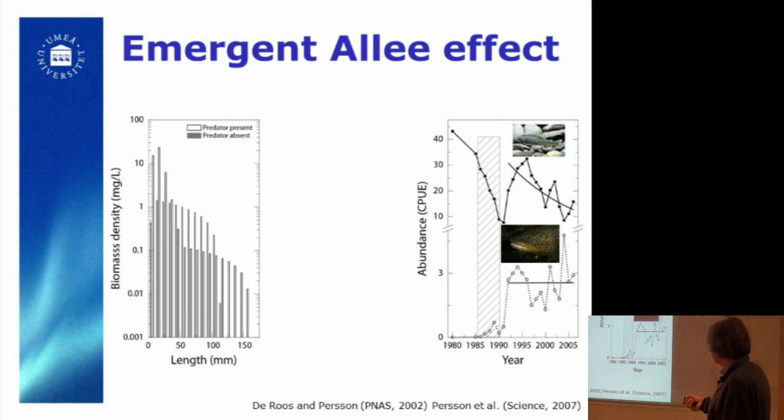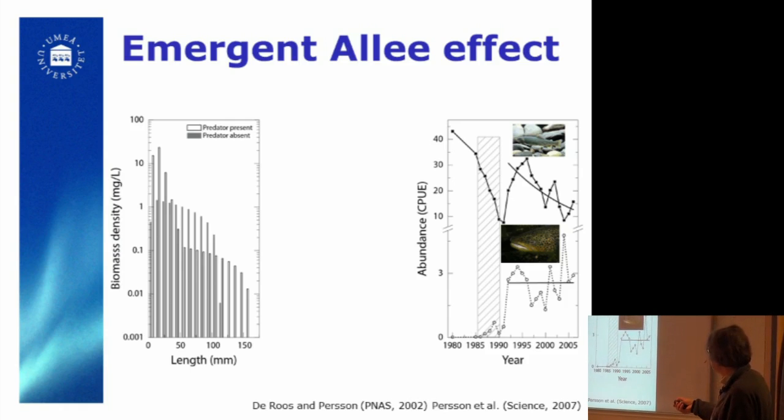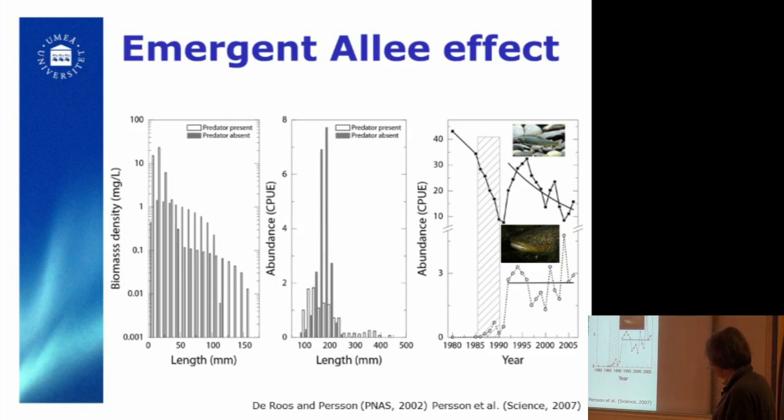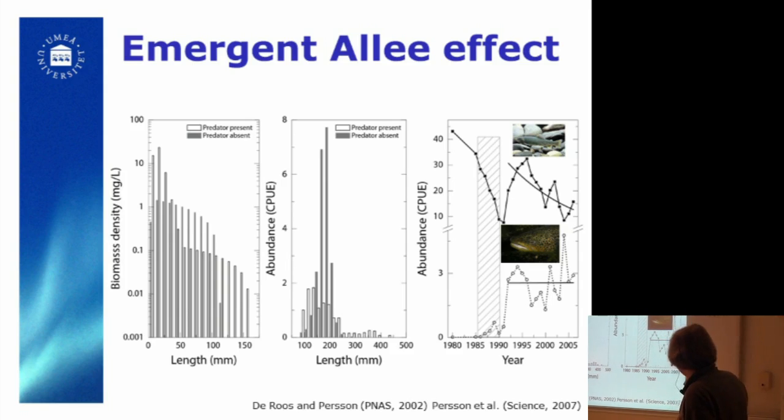It's actually this that leads to these emergent Allee effects, that the predator's activities increase the densities of its own prey. And this is actual data. It's not in the same units; here it's abundance, catch per unit effort. But we can see the same thing: before the thinning, the population was totally dominated by char between 15 and 20 centimeters.